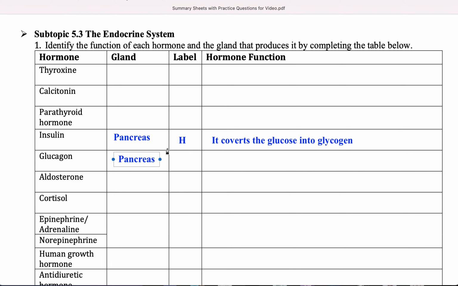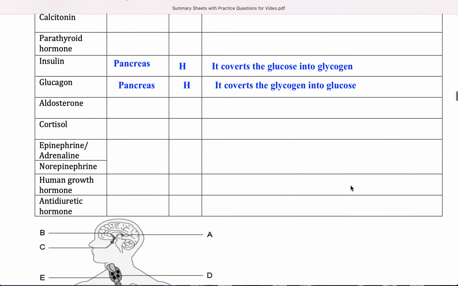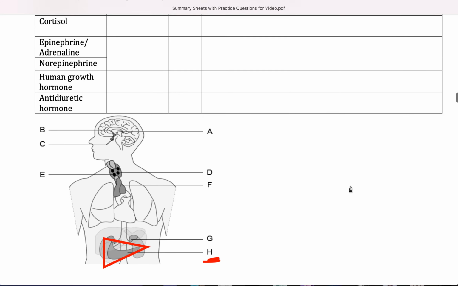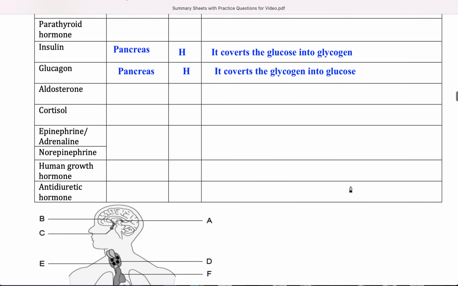So I can say over here it is H as well, and then in this one it will be opposite. It converts the glycogen into glucose. So like that, you will have the answers over there as well, and you can answer them.